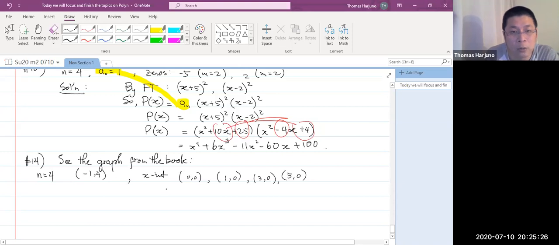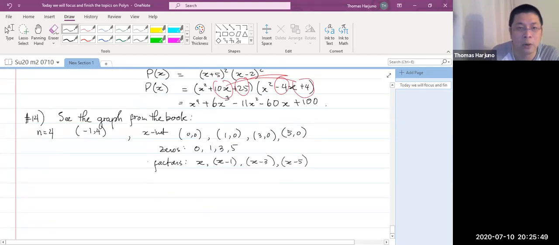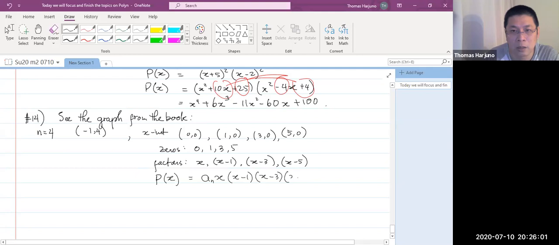So the zeros are 0, 1, 3, 5. So the factors are x, x minus 1, x minus 3, x minus 5. The polynomial written in factored form will be the leading coefficient times x(x minus 1)(x minus 3)(x minus 5).